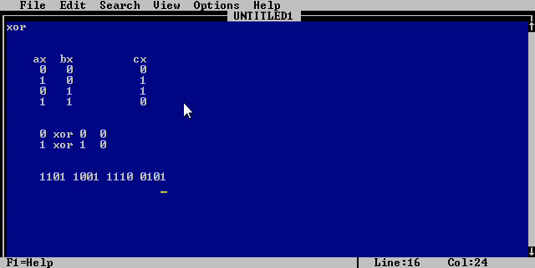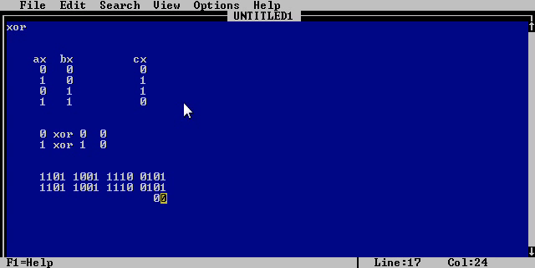Something like that. If I do an XOR of something with itself, that means it's doing it bitwise. It applies it bit by bit. One is in columns here. So it does this one XOR with this is 0.